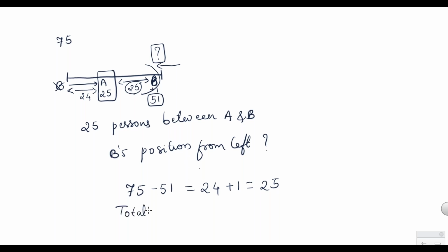Total, I'm finding the position from right hand: total minus position from the left hand plus 1. 75 minus 51 plus 1. Sorry, it's 51, not 50th position. This is the 51st position. Don't take it as 50. Clear, right? It should be 25.